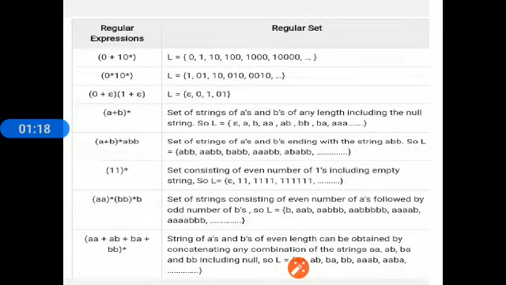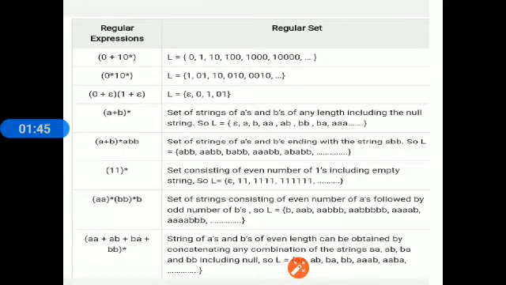The first regular expression is 0 plus 1 0 star. This indicates that this regular expression produces strings which contain a combination of zeros and ones. A single 0 may come; plus indicates either 0 will come or 1 0 star will come.